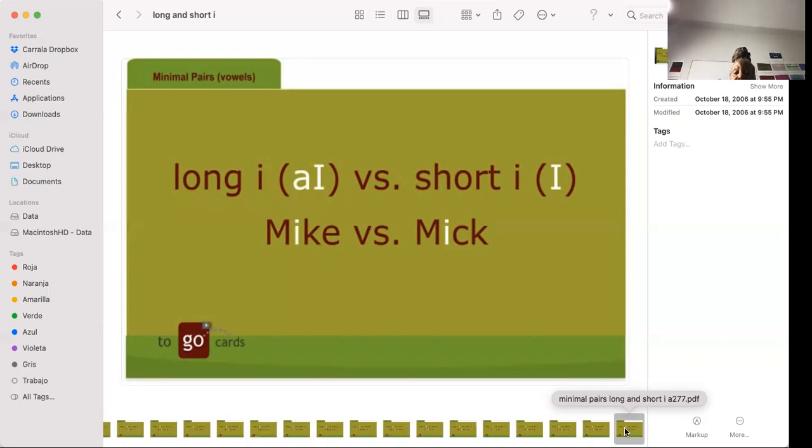Look at it in comparison. Also, when you do that, sometimes these are minimal pairs: words that are pronounced almost the same, not quite, because homophones are words that are pronounced exactly the same.